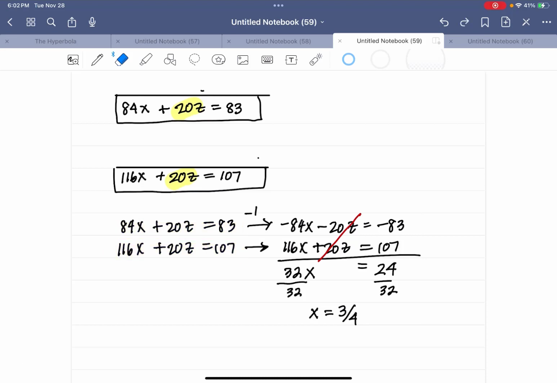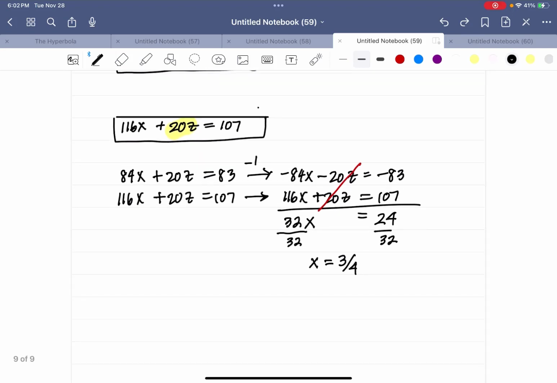Now that I know x is 3/4, and it's a fraction, but that's okay, it's going to work out okay here, because look, 84 times x is right here. Well, x is now 3/4, so I'm going to put a 3/4 here, plus 20z equals 83.